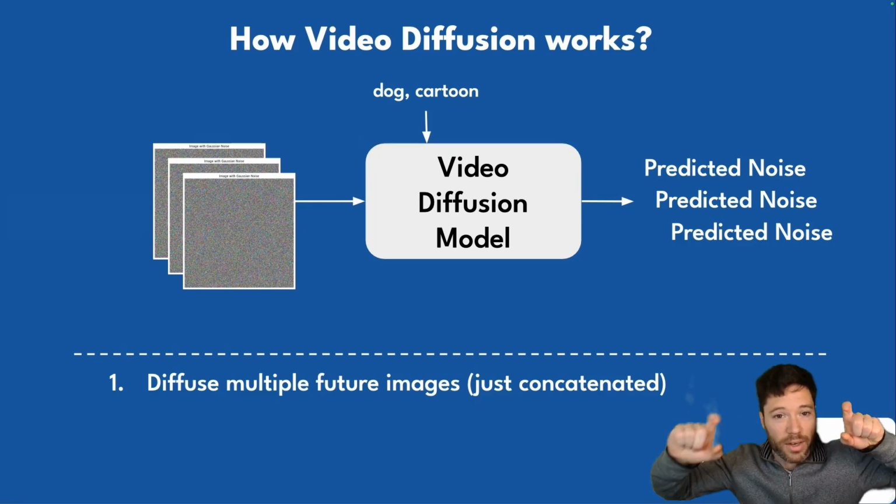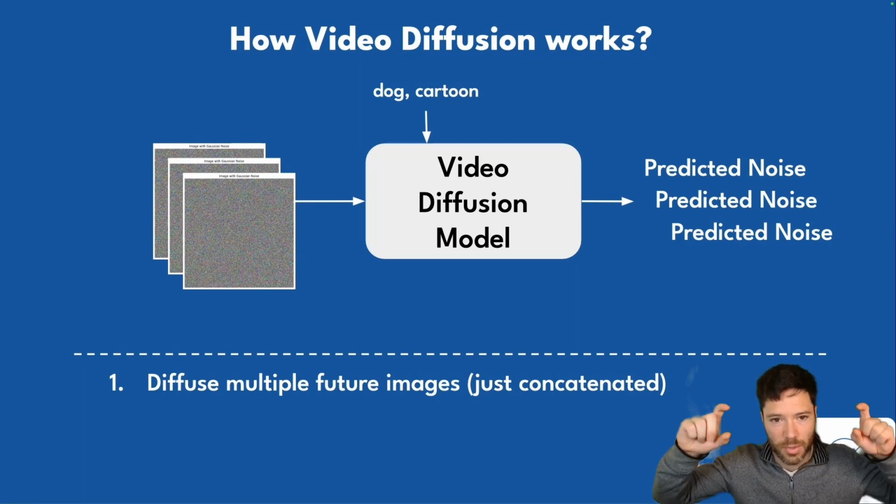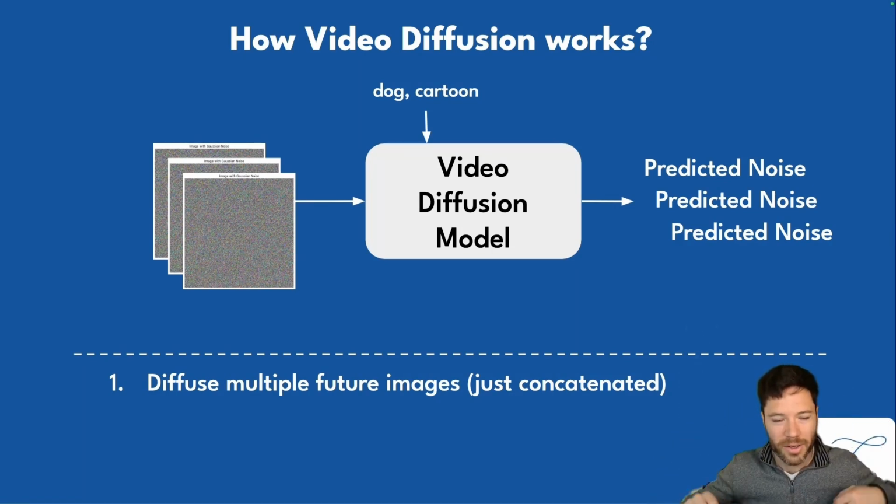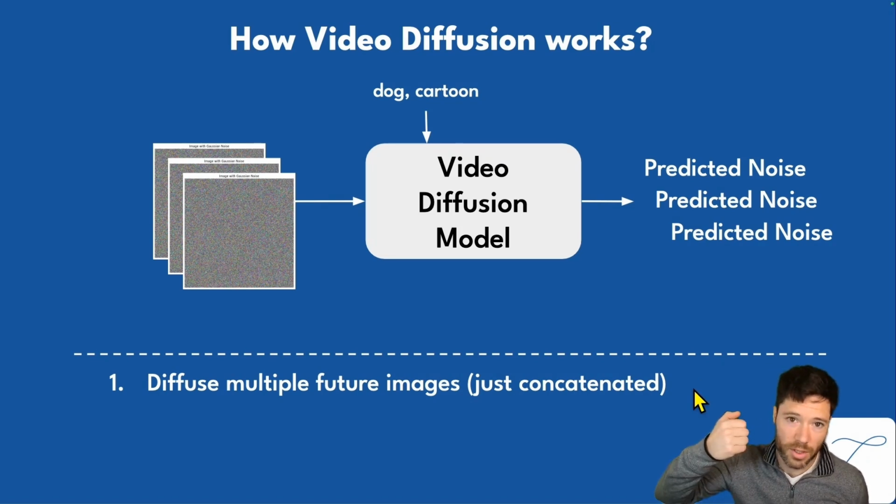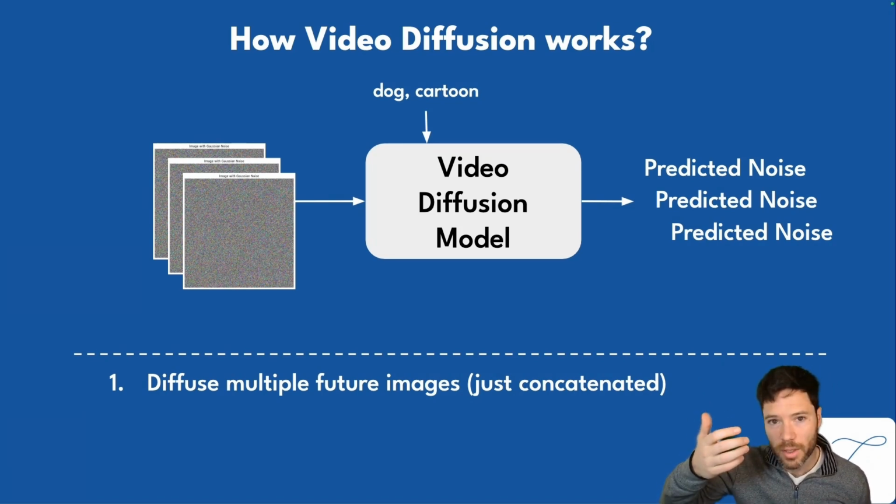It's now the concatenation of 3 grids. Concatenation just means putting them together in a line, essentially, in matrix terminology. So we will now diffuse out multiple images, and you can imagine that we can predict the next, say, 15 frames. And once we've got the next 15 frames, we can go on and iteratively predict more and more future frames.